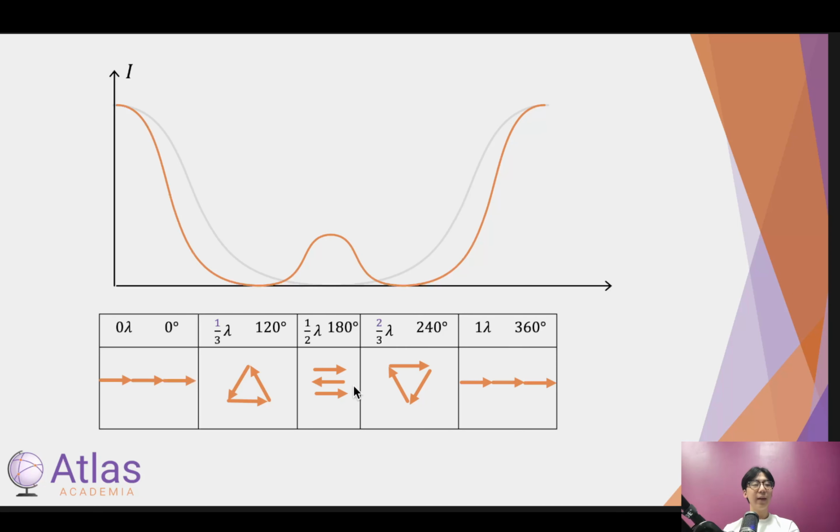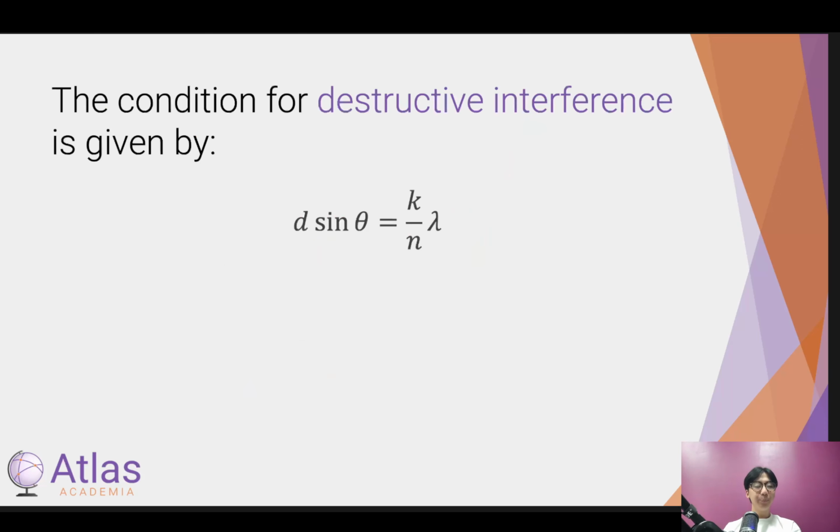If k is some random integer and n is the number of slits, then this is 1/3 of a wavelength, and then this is just another integer divided by 3 times the wavelength. And so critically, what we see is that this equation pops right out of the geometry of what's going on. So where k is some random integer and n is the number of slits.